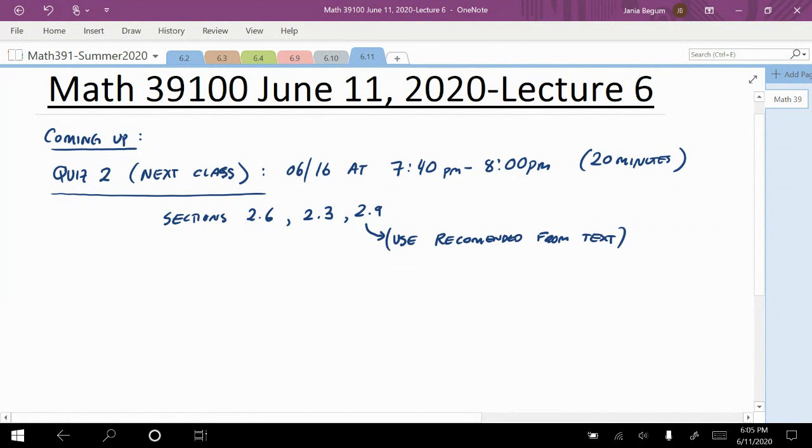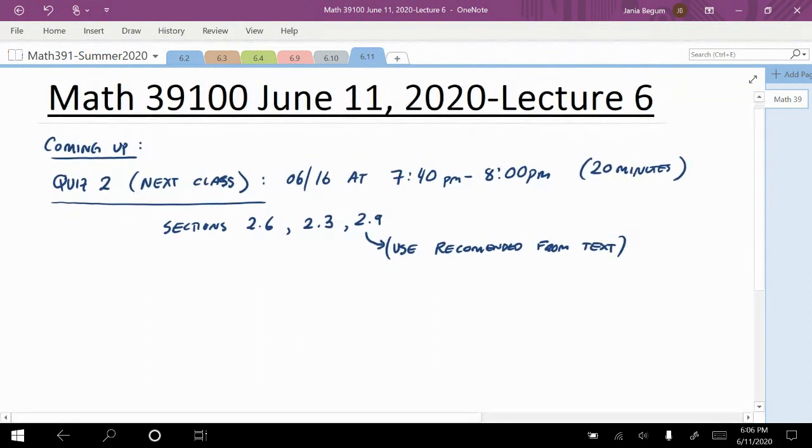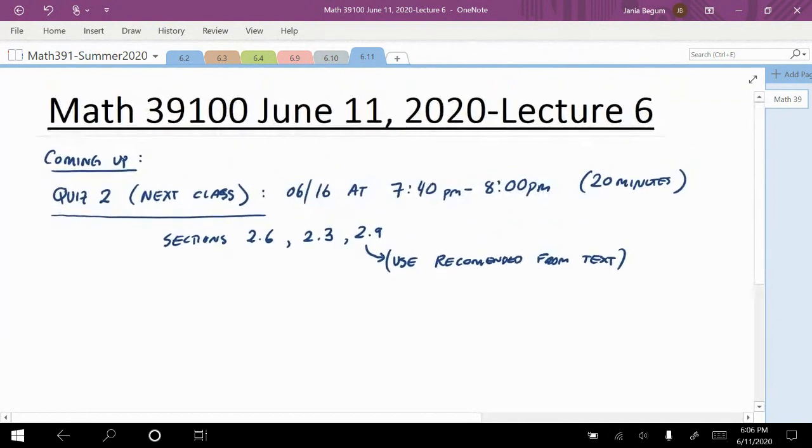WebWork, in my opinion, doesn't do a good job for 2.9. So if you want to ignore a couple of those questions, it's okay. Not a big deal for me, but I would encourage you to do the textbook questions definitely for 2.9 to better prepare yourself for the quiz. Thank you, Sadia, for mentioning that. All right, any other questions?